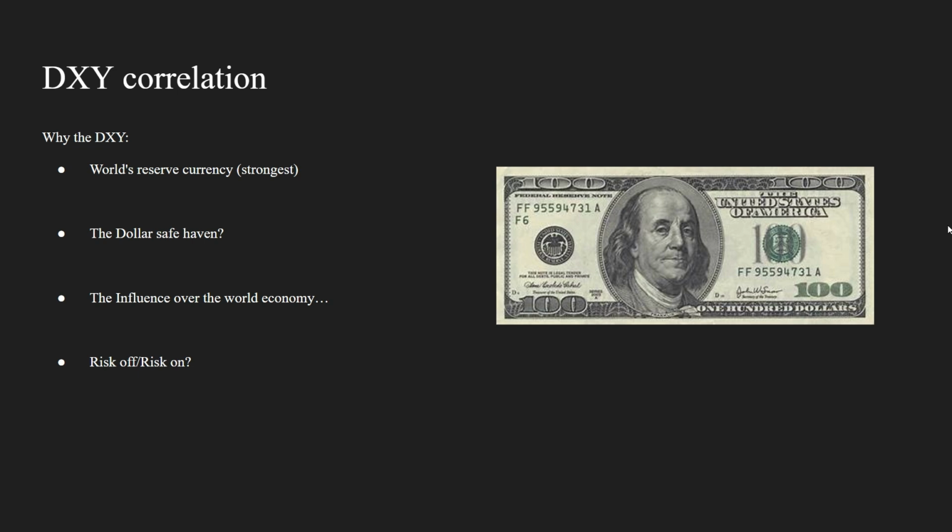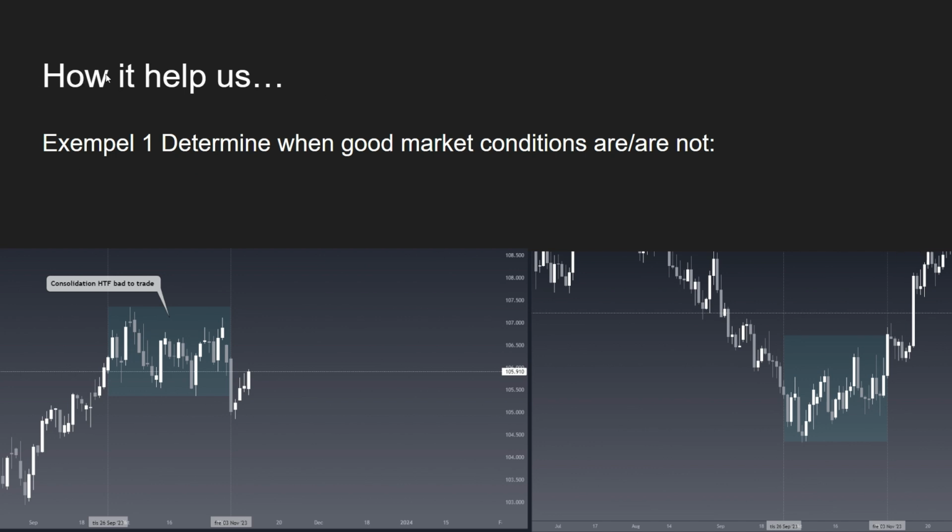Yeah. Now let's go into how I utilize the DXY. So how it can help you, how it can help us. Number one example is that it can determine when market conditions are good and when they're not good.